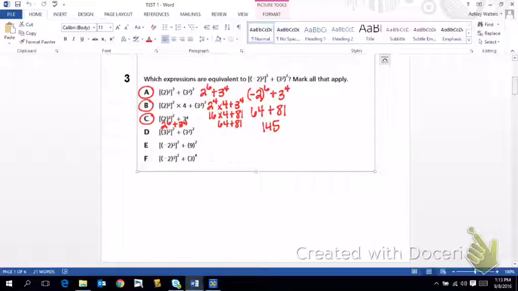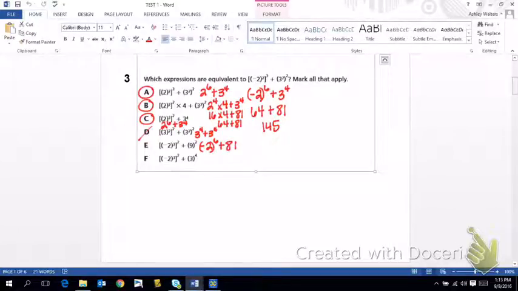For D, we have 3 to the 4th power plus 3 to the 4th power, which is going to give us 81 plus 81, which is going to be 162, which is not 145. For E, we again will have negative 2 to the 6th power. And 9 squared is 81.